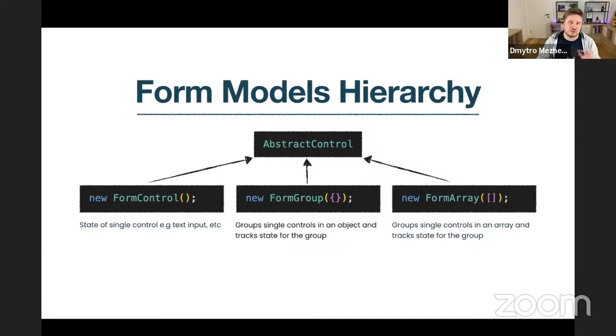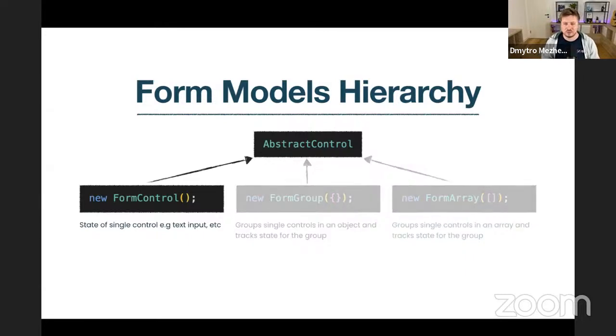And we will talk about grouping a little bit later in this talk. For now, we are going to focus exclusively on the form control, and we will finish up first with this model.